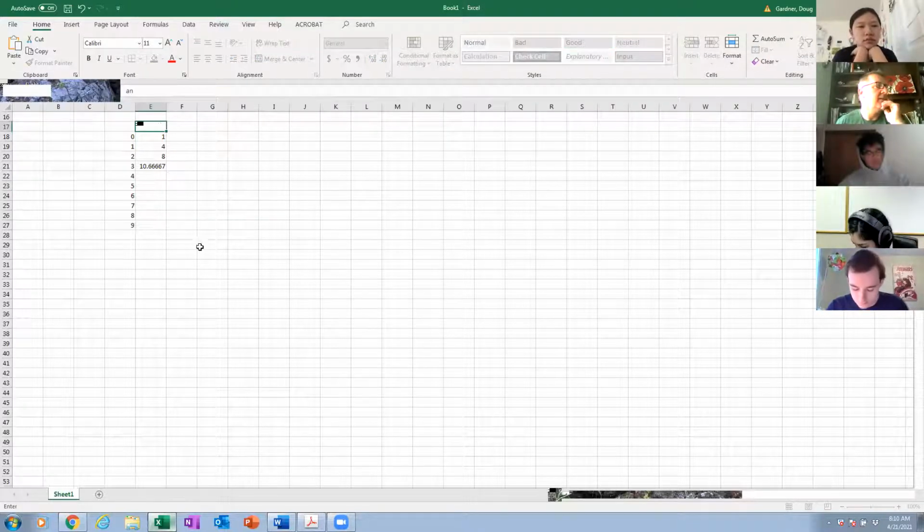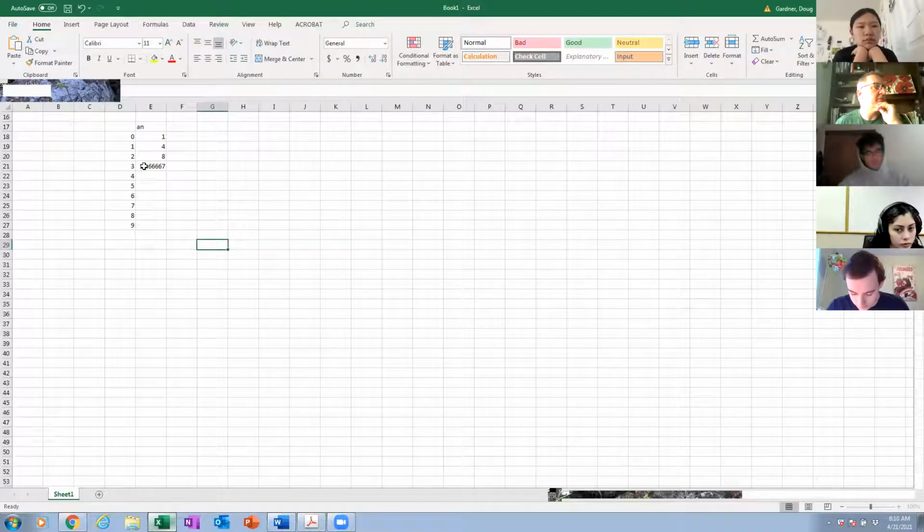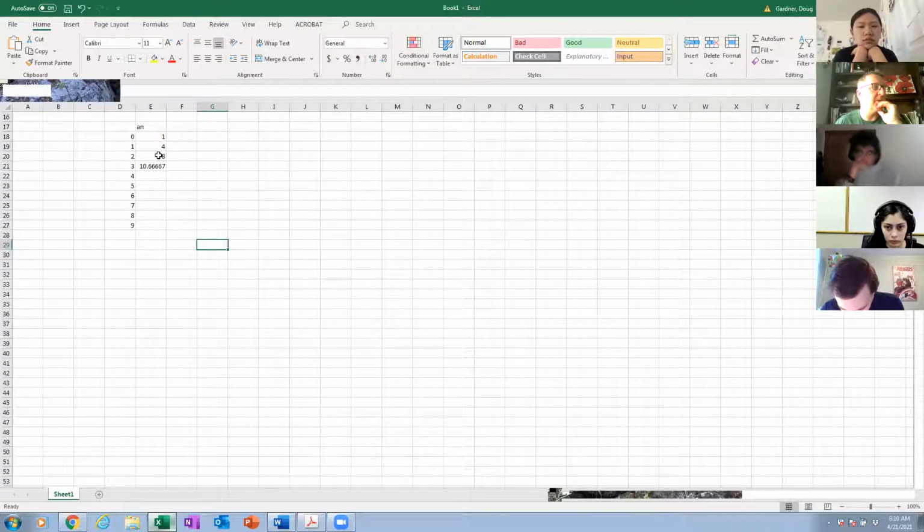These are just our terms. So it went from 1 to 4 and then 4 to 8. It got 4 times bigger when it went from 1 to 4. It got 2 times bigger when it went from 4 to 8. And now 8 to 10, well, that's even smaller. Notice it's still growing, but the growth is decreasing in size.